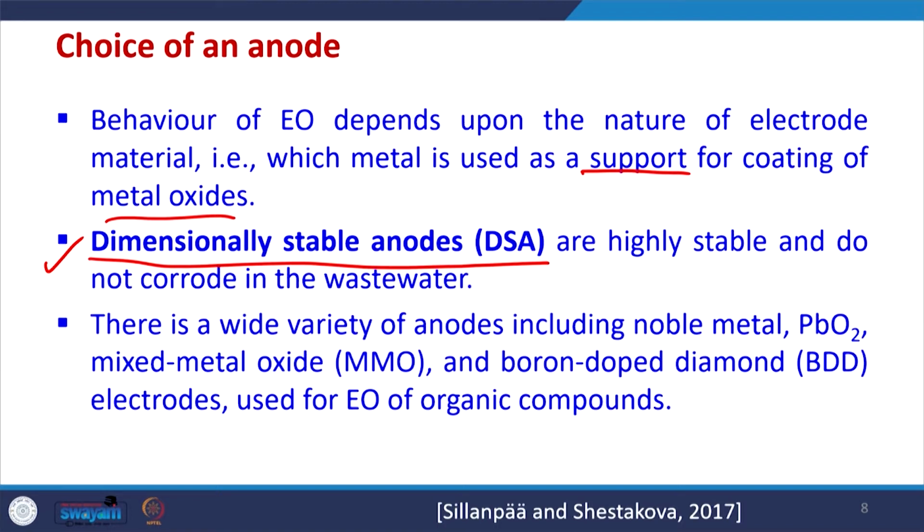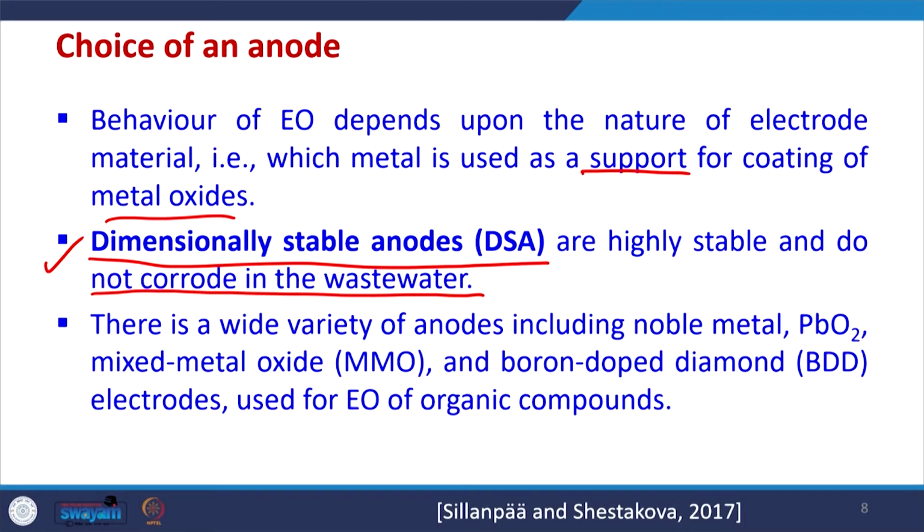There is another term, dimensionally stable electrode, and DSA falls under that category. These DSA electrodes are highly stable and do not corrode in the wastewater, or corrode only very slowly. That means the life of dimensionally stable anodes is very large, and they are able to treat a large amount of wastewater.